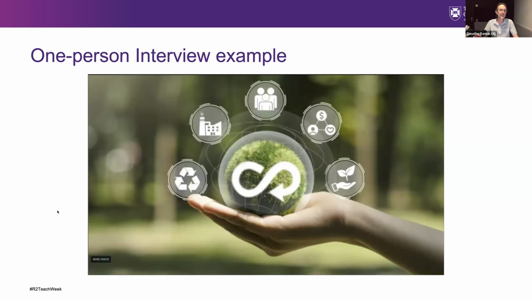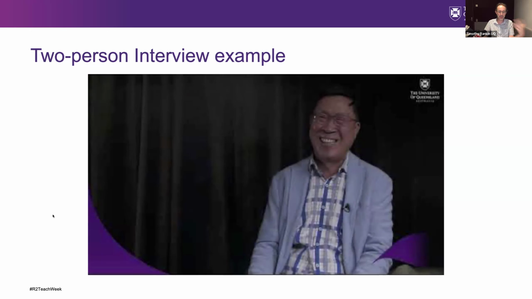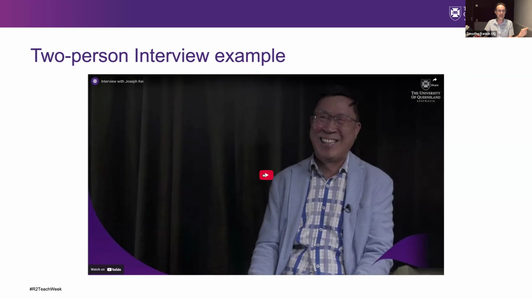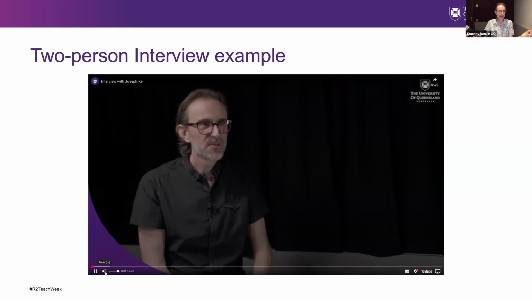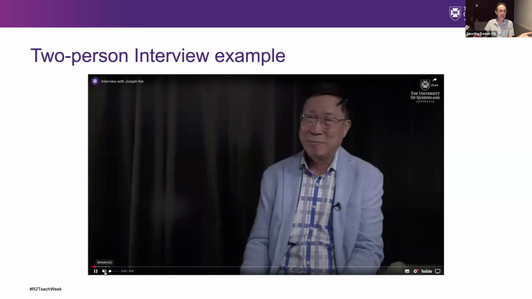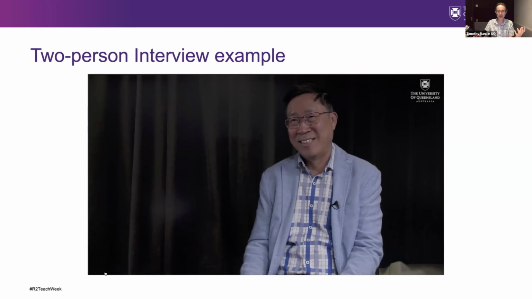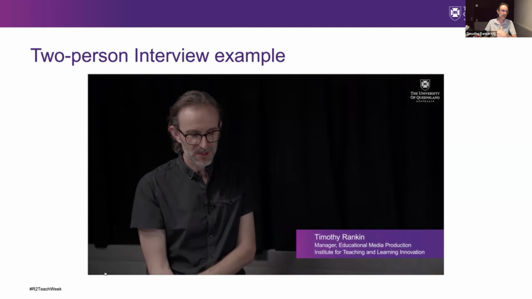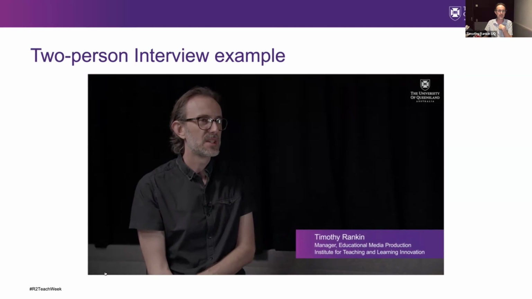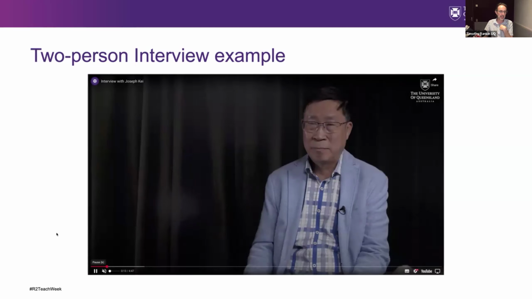So there's that kind of interview. And then there's, of course, the typical interview that you would expect, which is of two people. Thank you, Joseph. So this is one featuring me. So a two-person interview where you have one shot facing one person, one shot facing the other, and you have a bit of a discussion between.